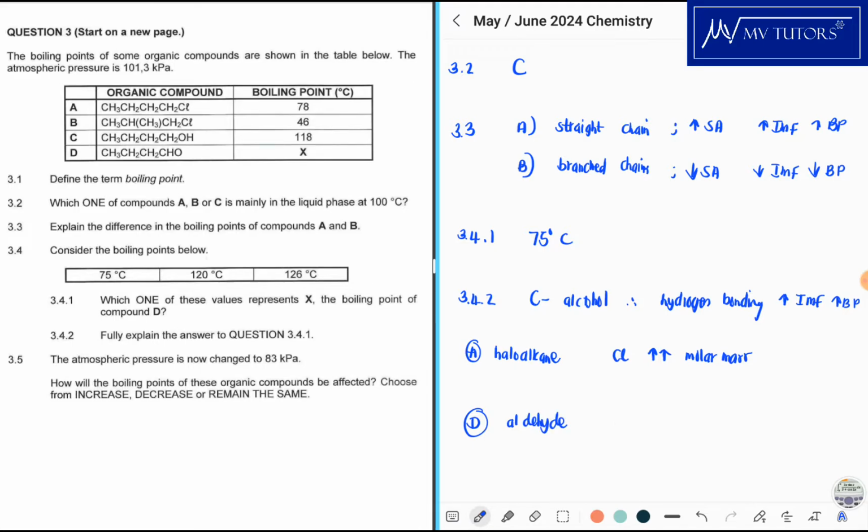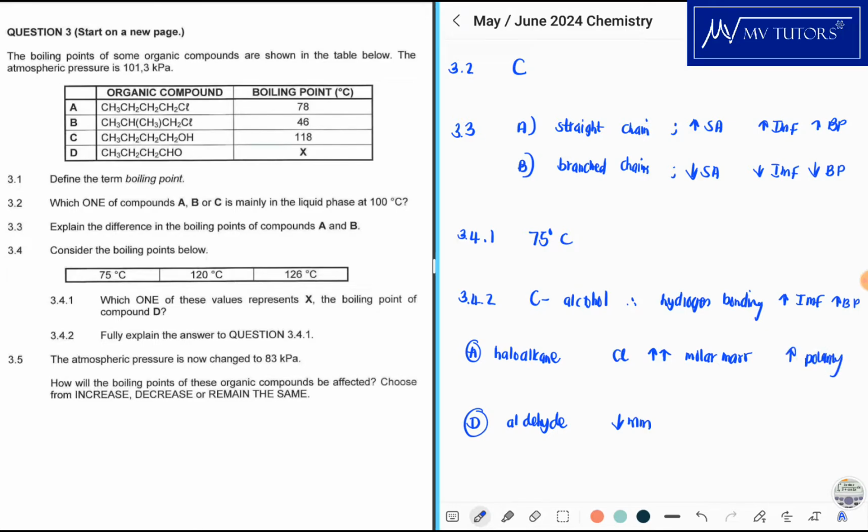So overall, the molar mass is less. And because we have a high molecular mass, and also the polarity there is quite high, we also have a higher polarity.